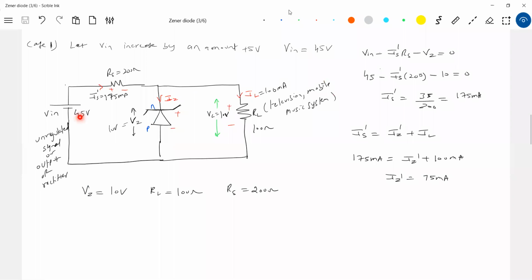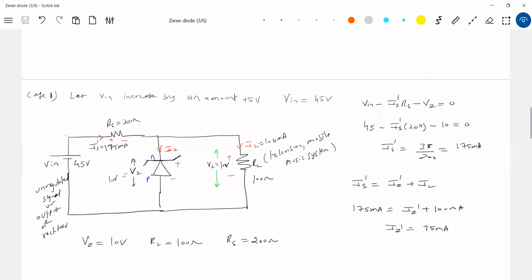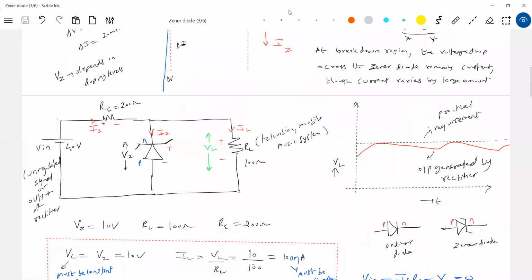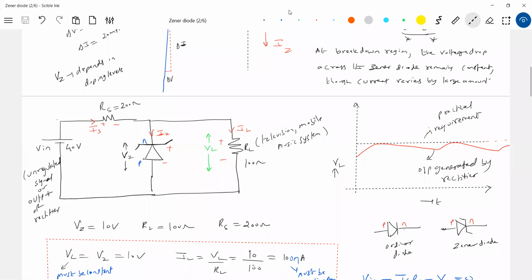Sir, why will the voltage increase? Again, go back to this. If this 40 volt is what is required, the voltage can fluctuate. Let's assume this is what I needed, and it will fluctuate. Why?